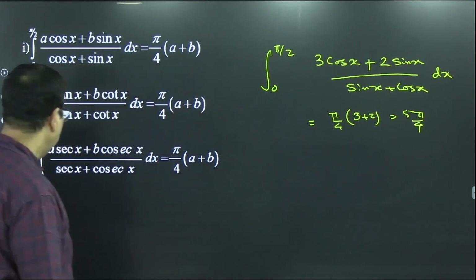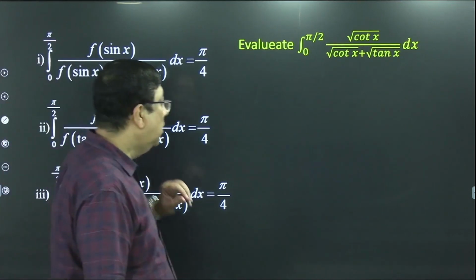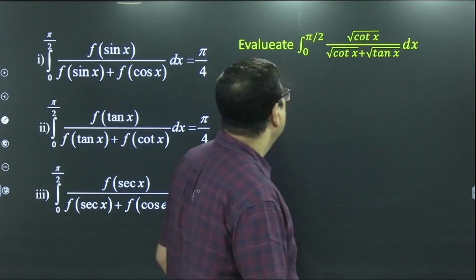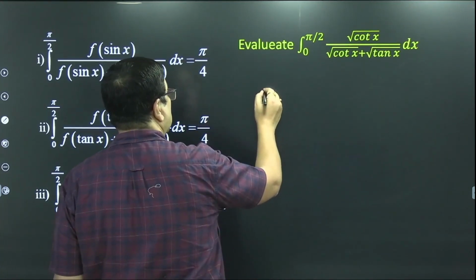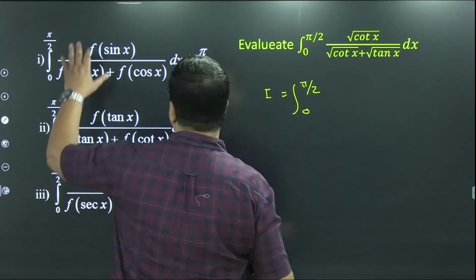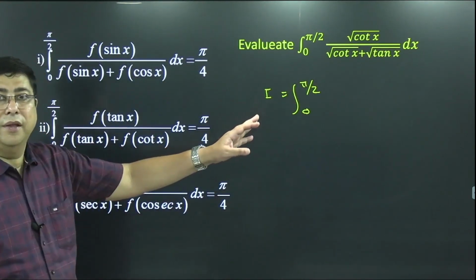In this way, we have to keep in mind all these formulas. In this way also it is the same thing, 0 to pi by 2, the application of the king property. This is also the application of the king property. Whatever we have done, that's the king property. Otherwise we can use this directly, not required to calculate even.